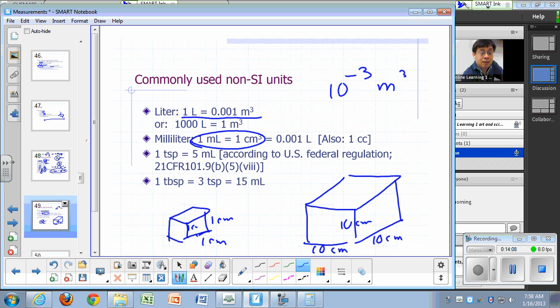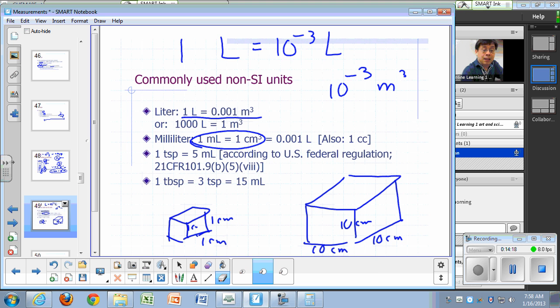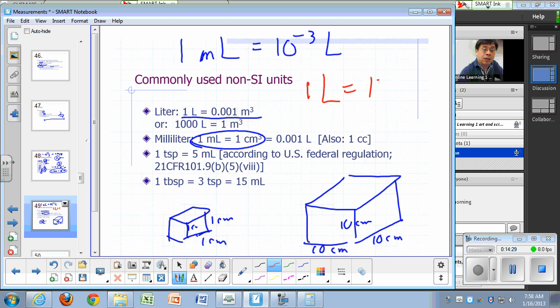Remember 1 milliliter is 10 to the negative 3 liters. Milli means 10 to the negative third. So if you have 1 liter, you're going to have 1,000 milliliters. Okay, so a milliliter is 1/1,000 of a liter.